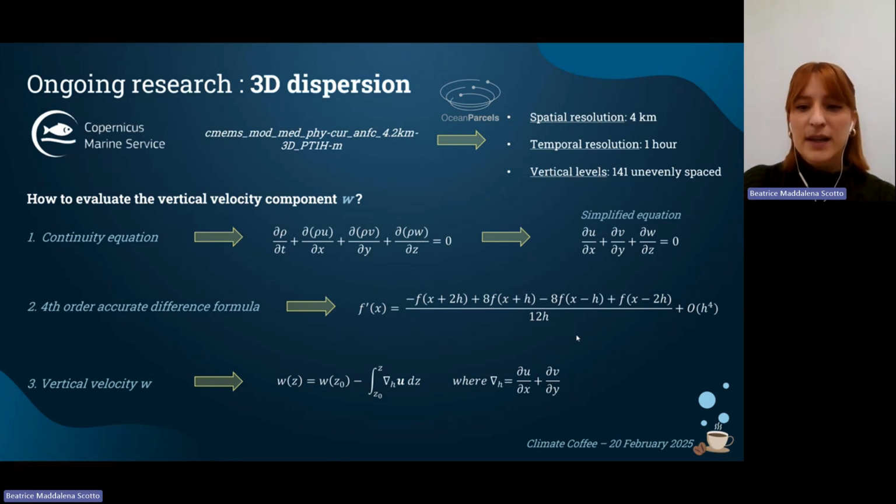And to calculate the horizontal divergence, we use the fourth-order derivative, which we chose because it's more accurate and it reduces the numerical errors. And once we have the divergence, we can integrate it from the bottom to the surface to reconstruct the vertical velocity.